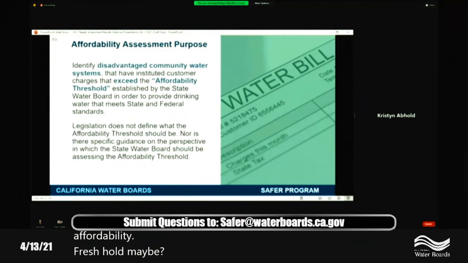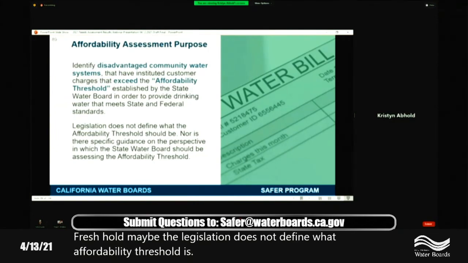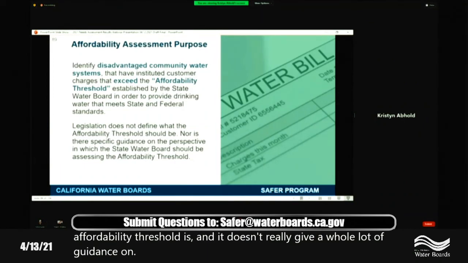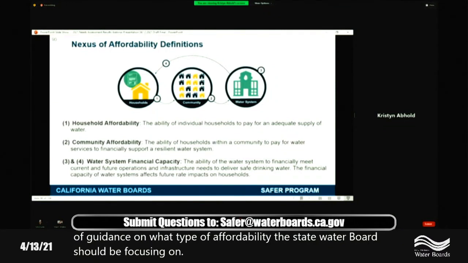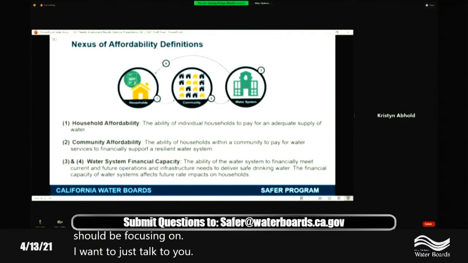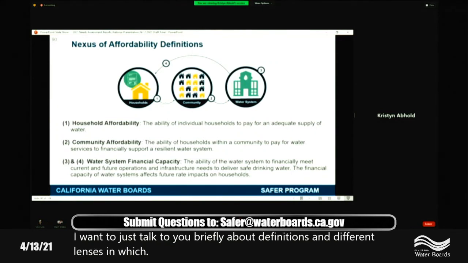The legislation does not define the affordability threshold, and it doesn't give a whole lot of guidance on what type of affordability the State Water Board should be focusing on. I want to talk briefly about definitions and different lenses through which we can look at affordability.